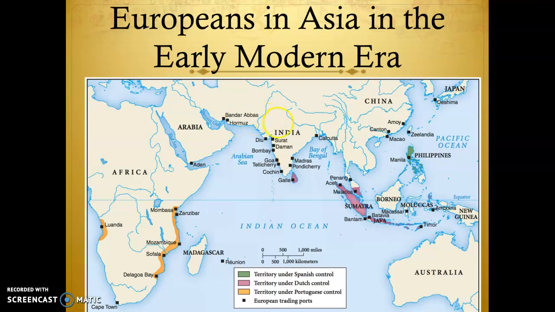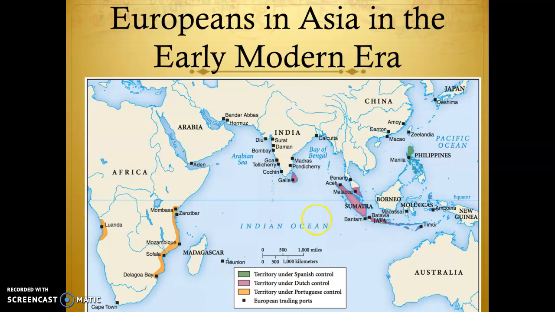Okay, we do see the Portuguese in the area of Malacca. So note that on this map, Malacca and the area of Indonesia is going to appear to be Dutch, right? But Dutch control really follows the Portuguese. So another big takeaway from this is that the European powers are going to start to duke it out in the Indian Ocean based on where they see the greatest bang for their buck.